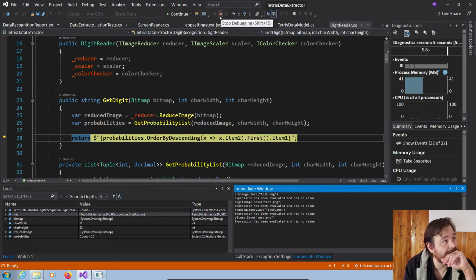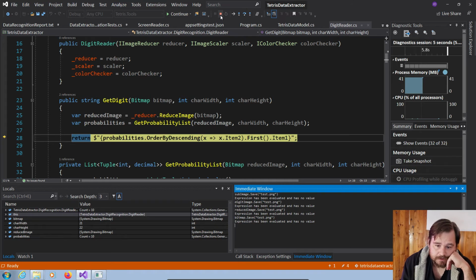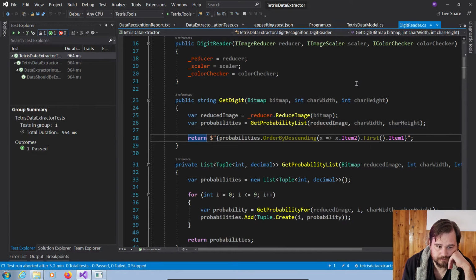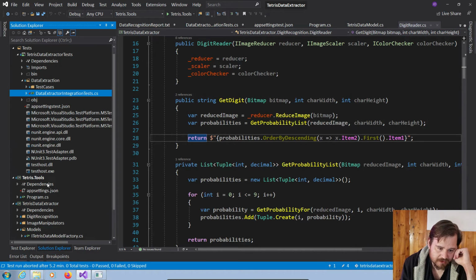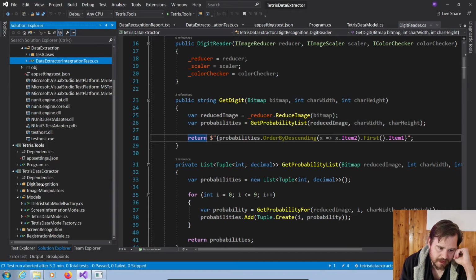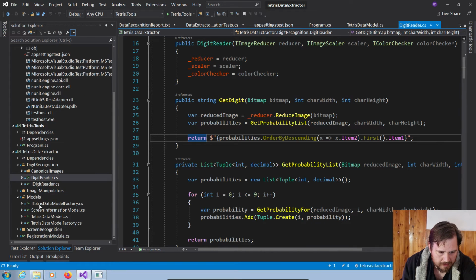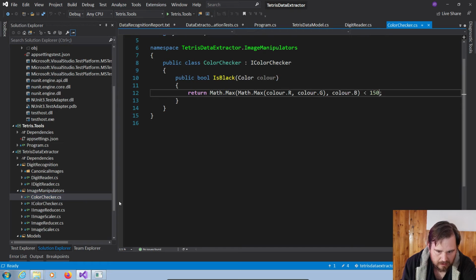Actually, I wonder if I can... We'll try a few manual techniques here, but we might actually have to write a program to figure out the best value, I think. No, I need my color checker.